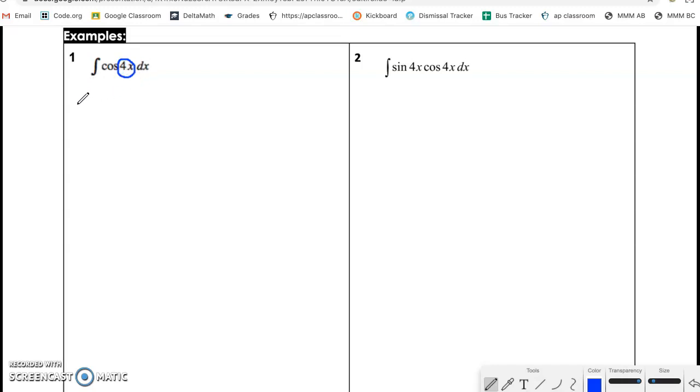For this one, my u equals 4x. My du, my derivative of u, would just be 4 dx.